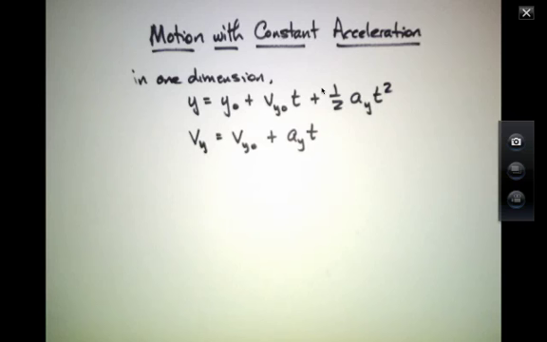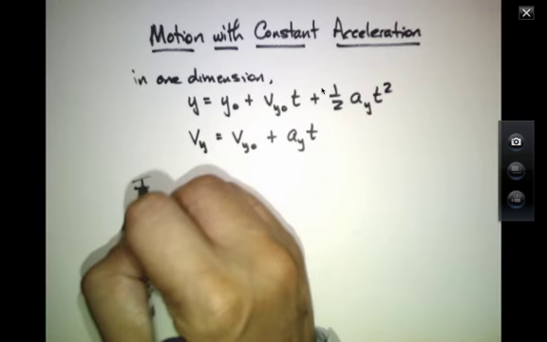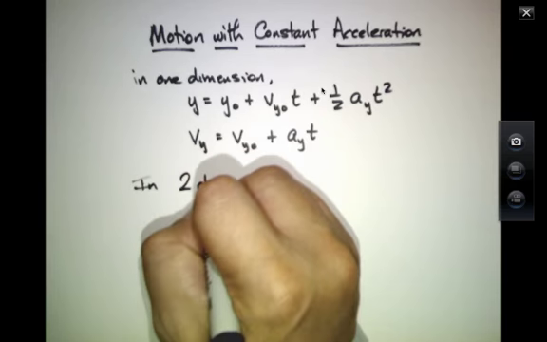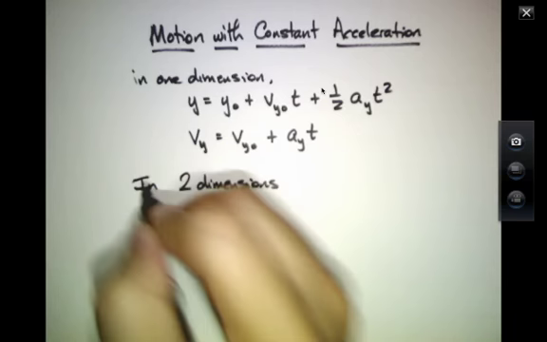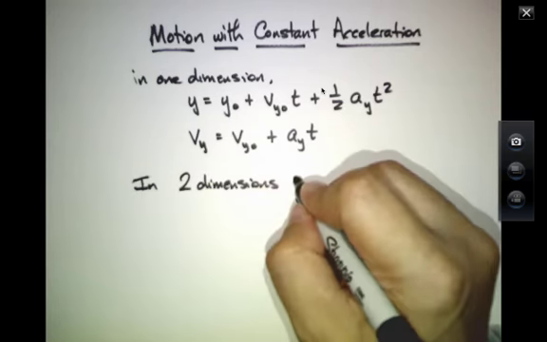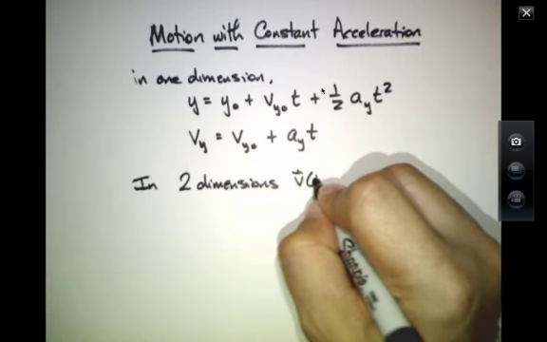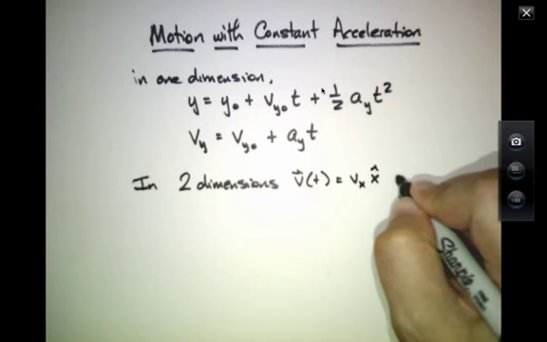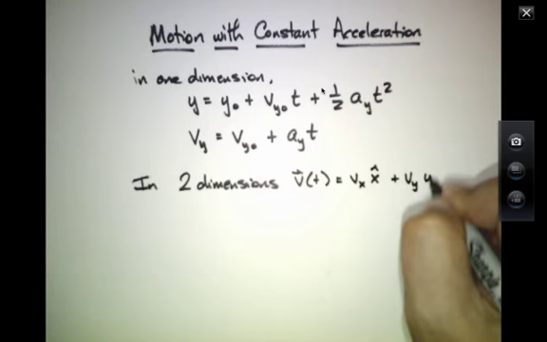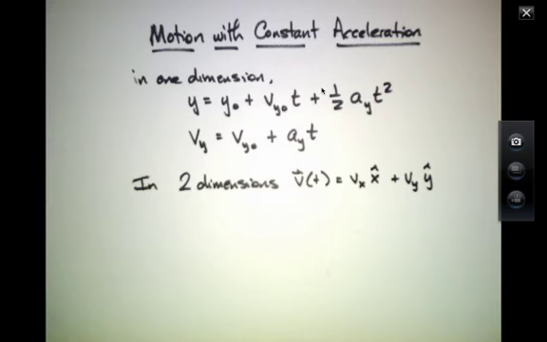In two dimensions, we actually have two components for the velocity, and likewise we have two components for the position.